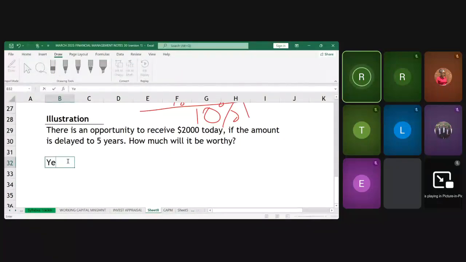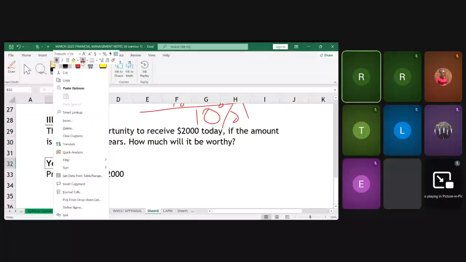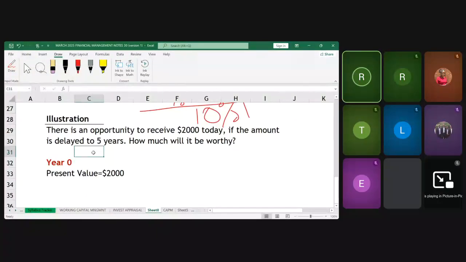Today is year zero, right? I was supposed to receive money today, which is year zero. Year zero is called present. The present value today is 2000. The word present means today. But the opportunity to receive money is delayed to some time later in the future, which is year 5.